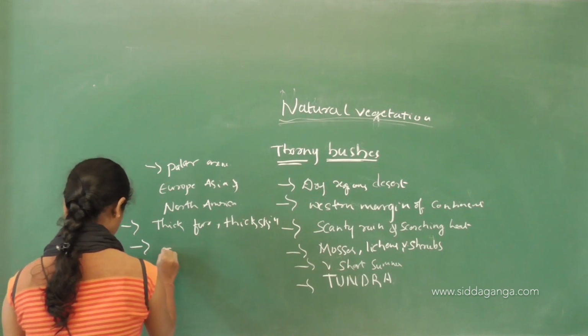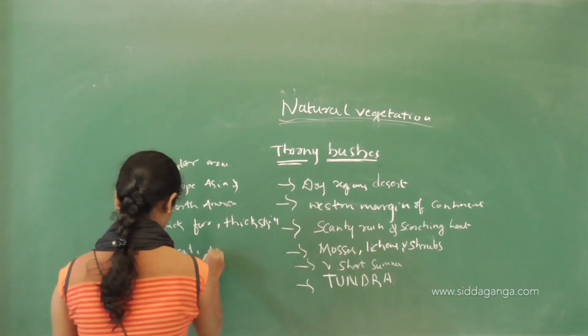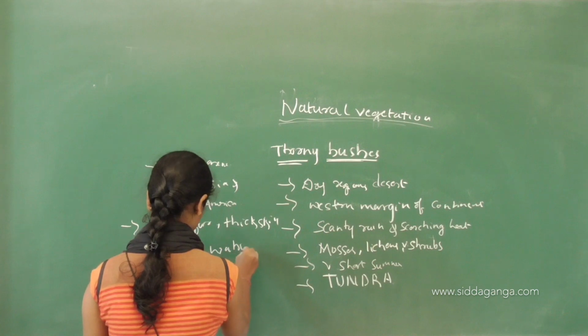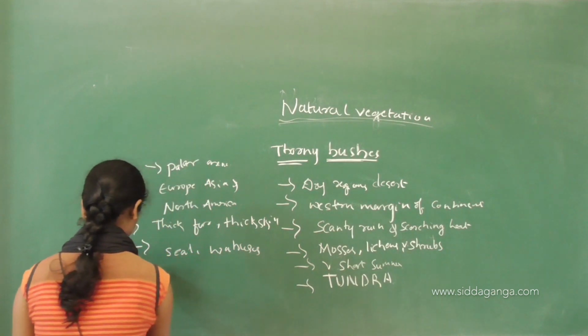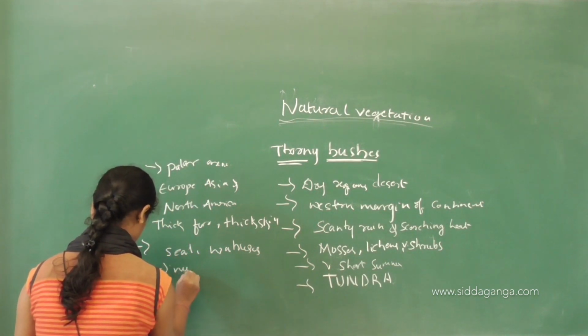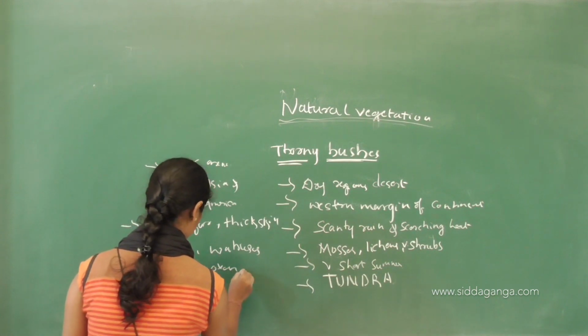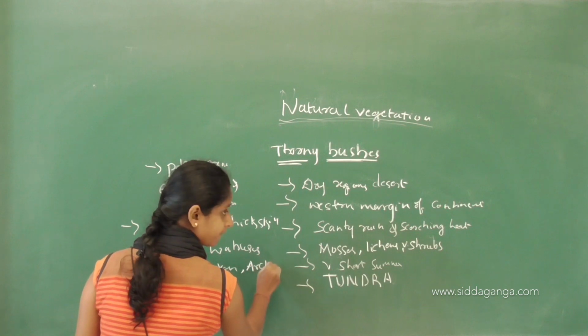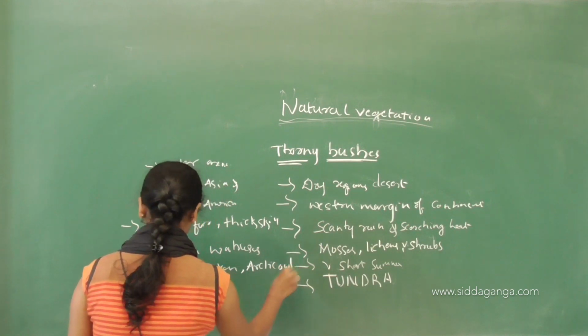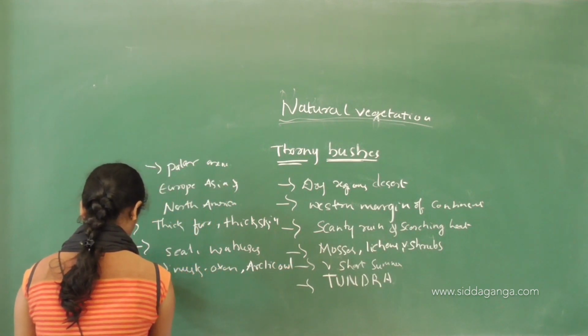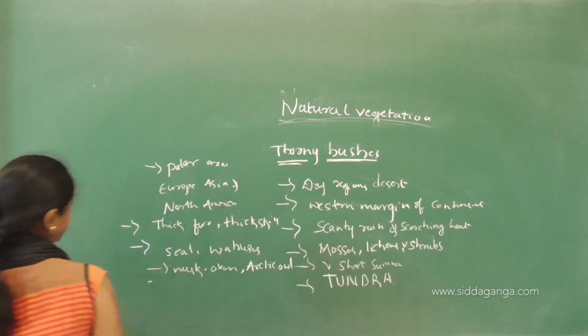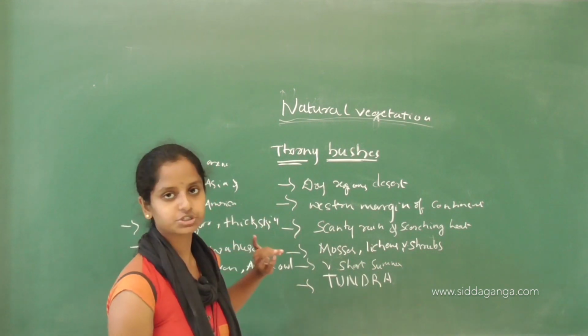And seal, walruses, musk oxen, Arctic owl can be seen here. Okay, this is about the thorny bushes.